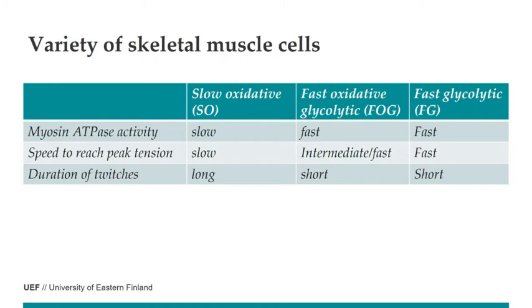So they are using less ATP per second, meaning that the myosin and actin are moving slower on each other, and then the contraction happens slower, and the speed to reach the peak tension is slower. But that also affects the release: when you have the peak tension, the release is also slower. So that's why the whole twitch is longer in these slow oxidative cells.